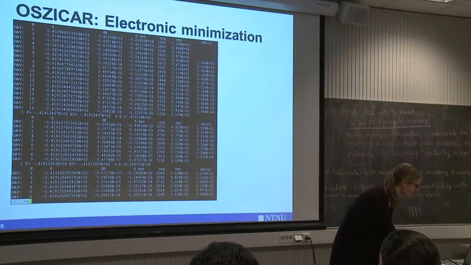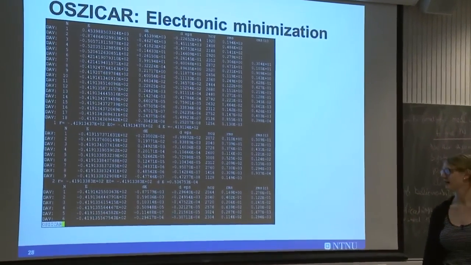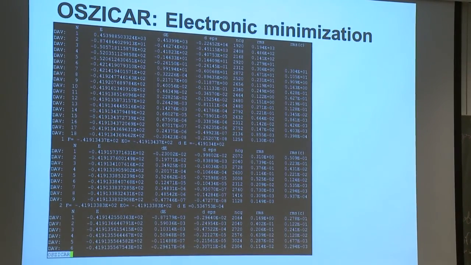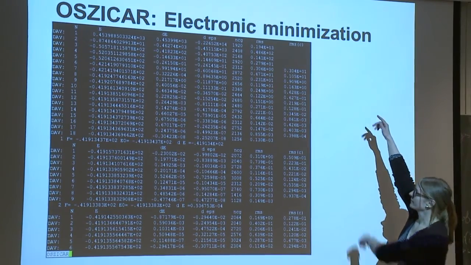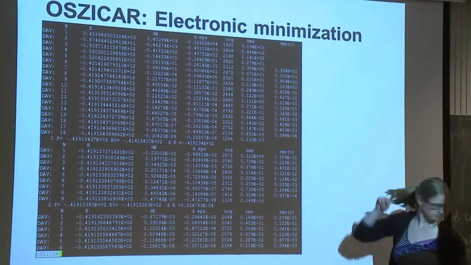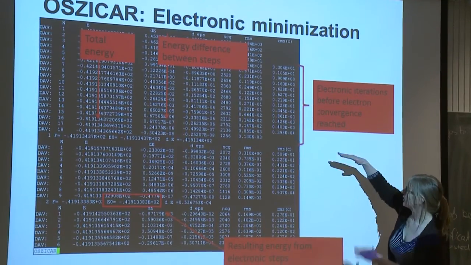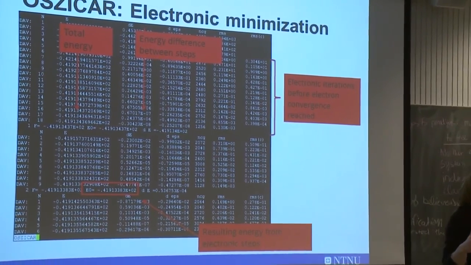So the OSZICAR would look something like this. So we talked about the self-consistency scheme and the electronic iterations. That's basically what you see here. So each lump here is a set of electronic minimization steps.